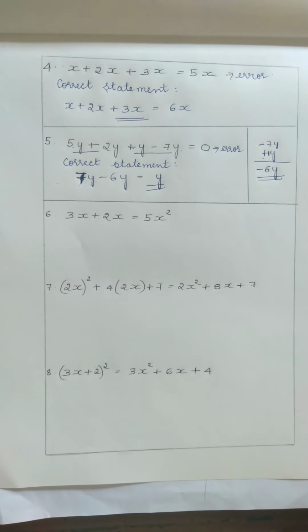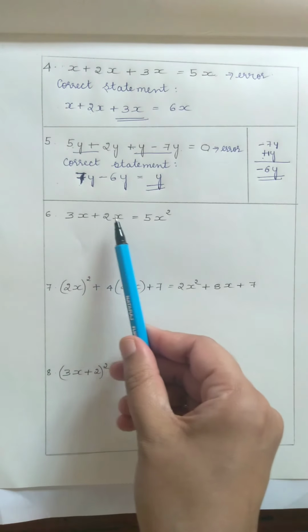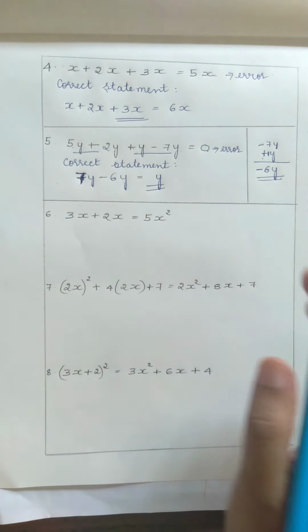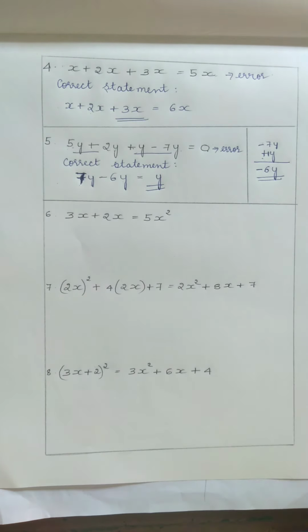Consider the sixth problem, in which 3x plus 2x is equal to 5x square. This is definitely an error. The two terms have the same variable x. Therefore, we can add: 3x plus 2x will be equal to 5x, and it is not equal to 5x square. 5x square you will get when it is having multiplication.